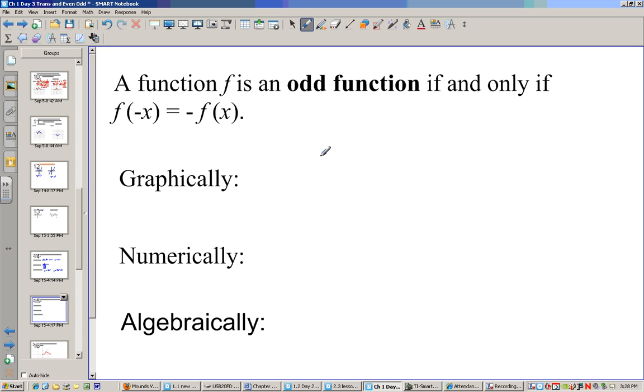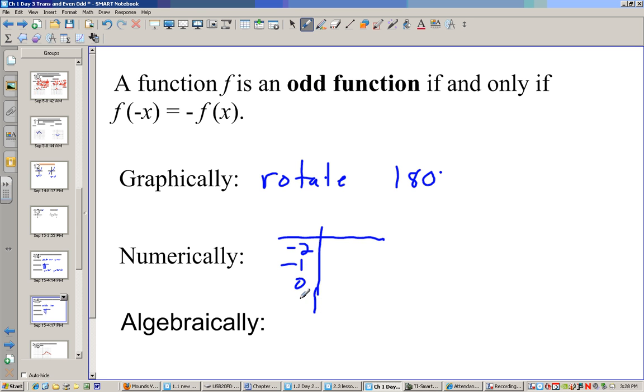Here, if we're dealing with odd functions graphically, we can rotate 180 degrees and it's the same function. Numerically, we can look at the definition. F of negative x equals negative f of x, which is somewhat confusing to people. If negative 2 goes to 8, 2 would go to negative 8.